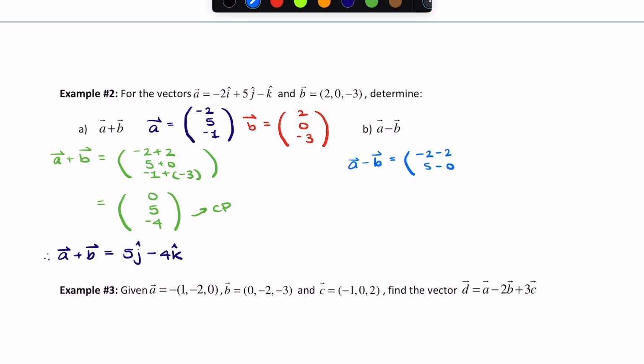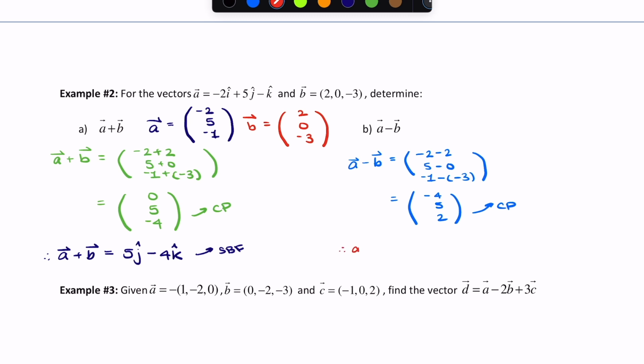Those are the y values, and negative 1 minus minus 3. So when we evaluate it, we'll get negative 4, 5, and 2. So again, this is in component form. This one was in standard basis form. And so we'll do the same thing again, just so we can see it in this situation.